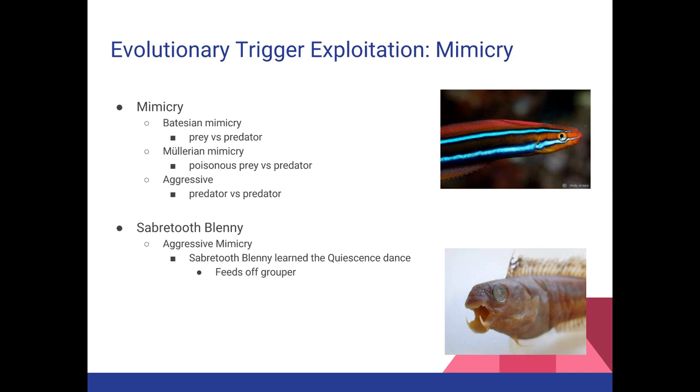And so to break down the mimicries, there's Batesian mimicry, which is a prey versus predator relationship. There's Mullerian mimicry, which is poisonous prey versus predator. And there's aggressive, where there's predator versus predator. And Batesian mimicry is where, say, beetles and other insects mimic more scary things, or maybe they use camouflage, if I'm understanding it correctly, to fool predators.